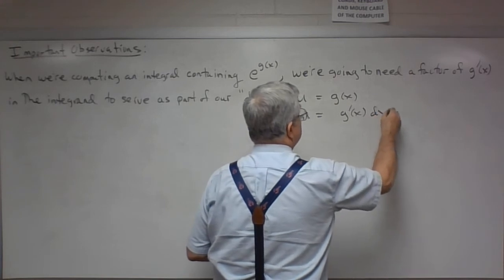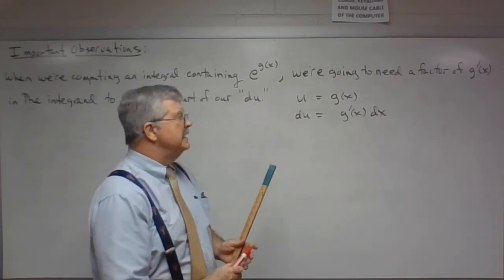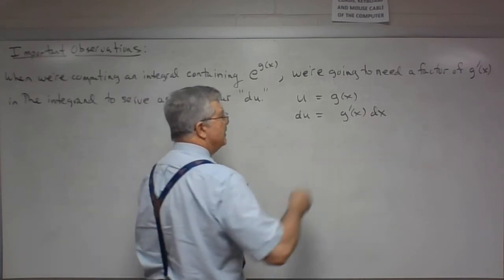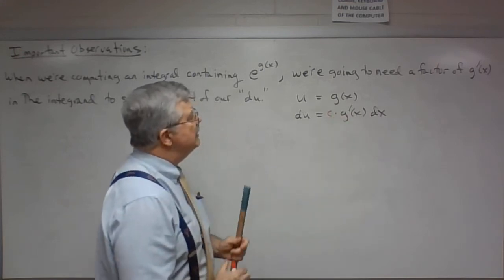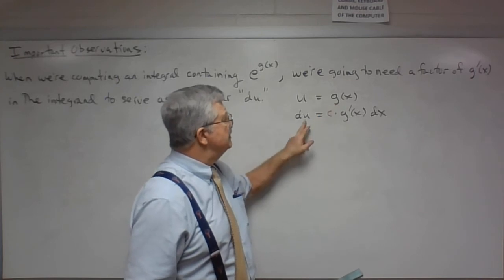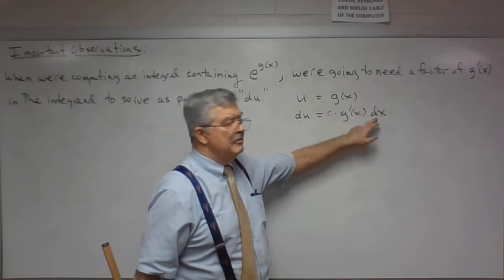or possibly g prime of x dx with some sort of constant here. du is either going to be g prime of x dx, or du is going to be some constant times g prime of x dx.